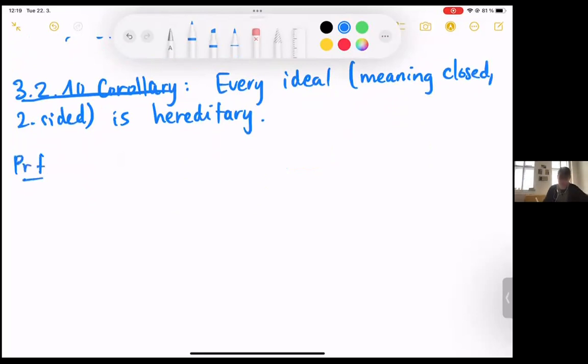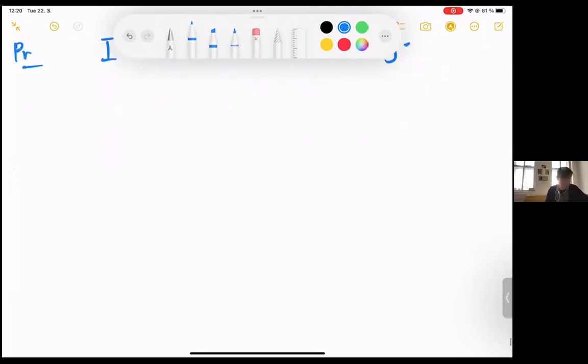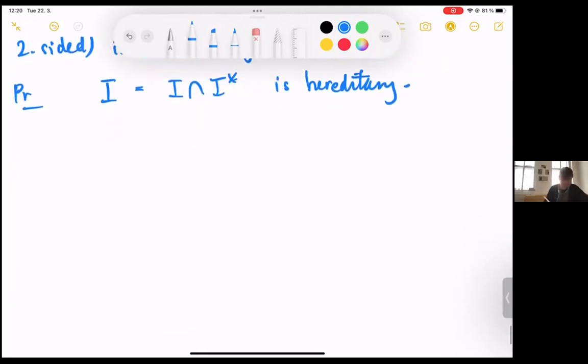So this doesn't even really need a proof. I mean, we saw that I is in particular a left ideal, but it's also self-adjoint. So this is hereditary. Okay, moving along.